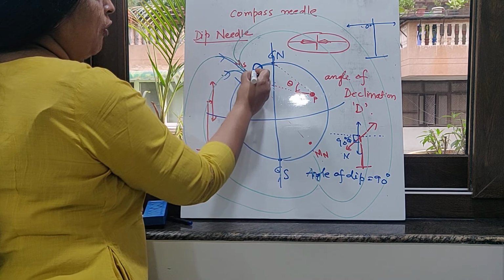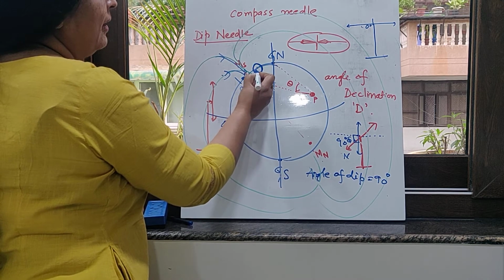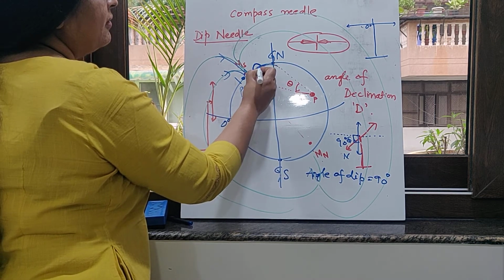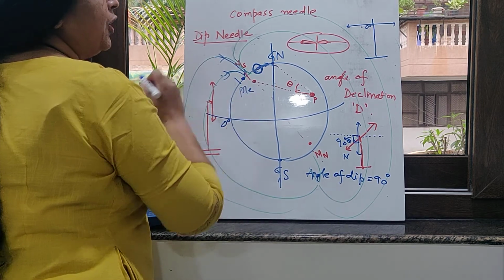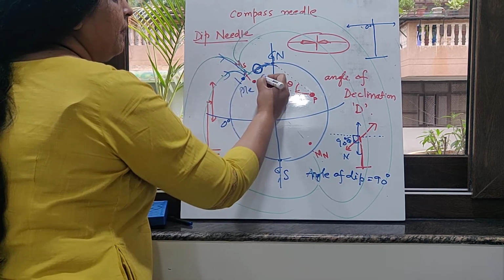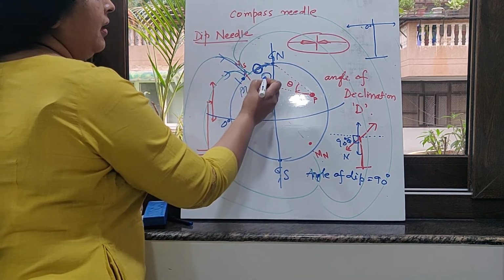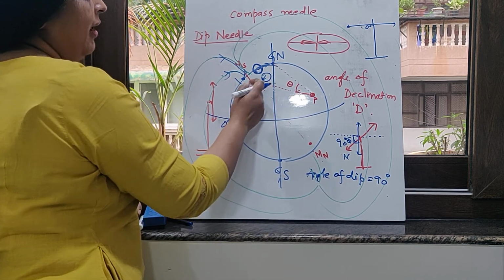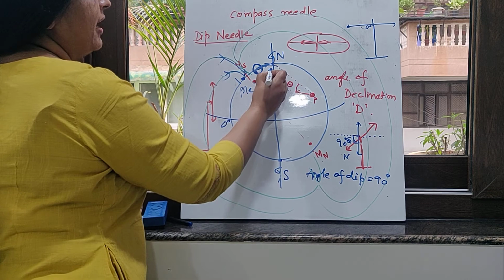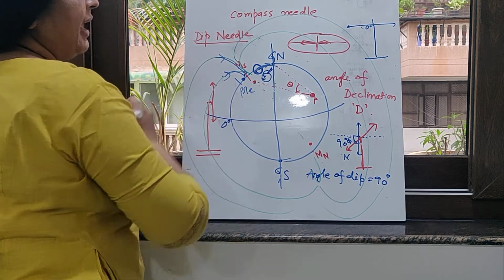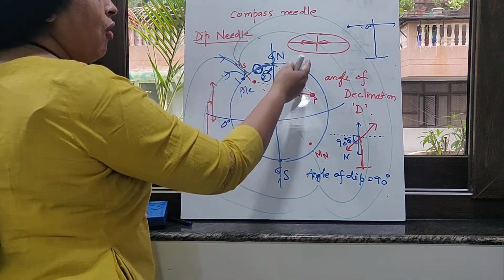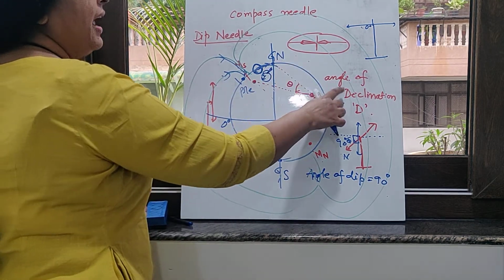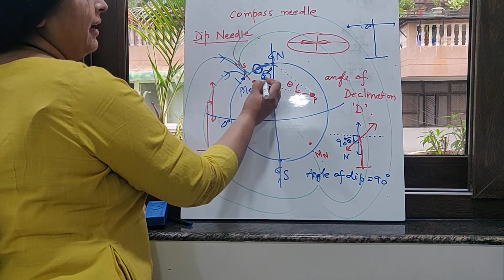The north pole will point in this direction, but the actual geographic north is in this direction. So this angle is obtuse. Suppose you keep the magnetic needle here, so it will point here and the actual geographic north direction is here. So it is making an angle of 180 degrees. So there is a position on the surface of the earth where the angle of declination can be 180 degrees.